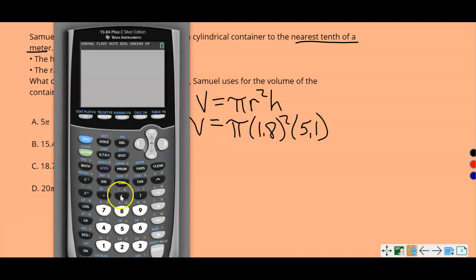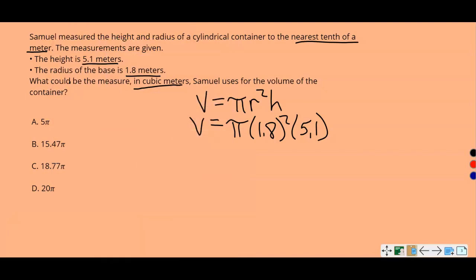All right, so let's do 1.8 squared times 5.1, and hit enter. And that's going to give us about 16.524.